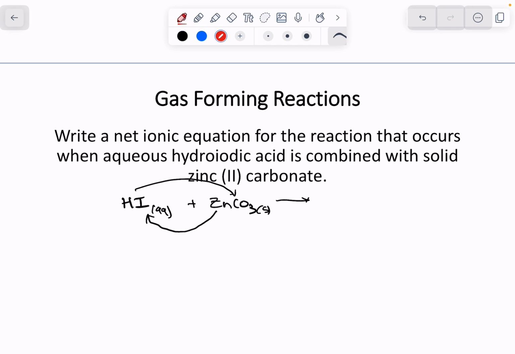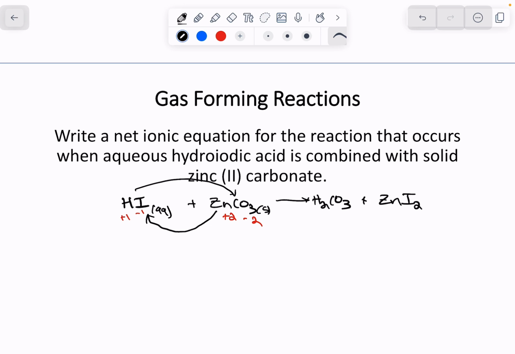And once again, I like to break down charges. This is +1, -1, this is +2, this is -2. So when it's balanced out, you're going to get H2CO3 plus ZnI2.